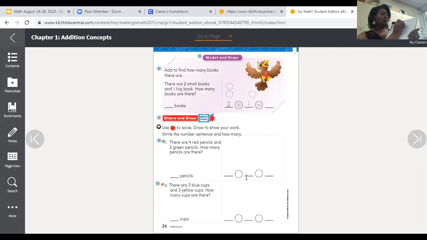Let's see how many there are in all. 1, 2, 3, 4, 5, 6. So I'm going to write the number 6 here, and I'm also going to write it there. So I should have 4, my plus sign, 2, my equal sign, and then my sum is 6. There are 6 pencils. Let's do one more.